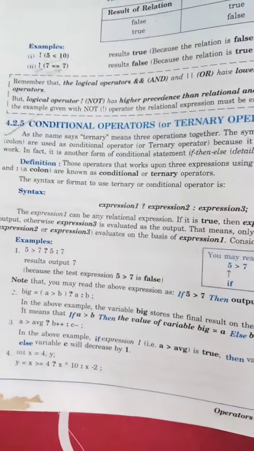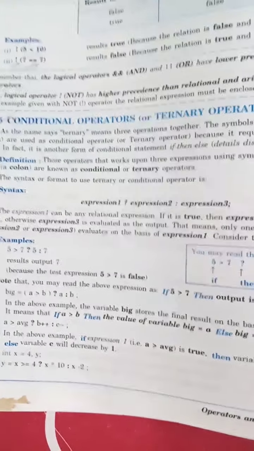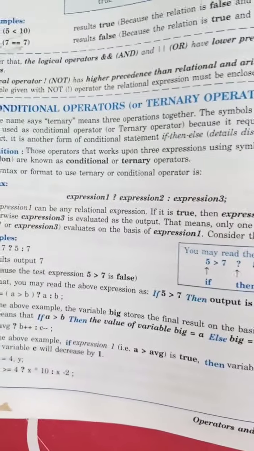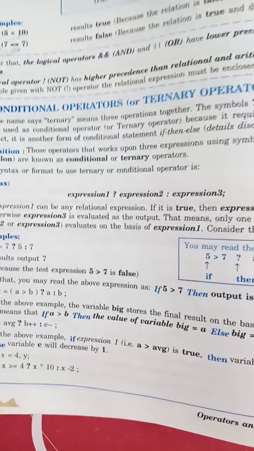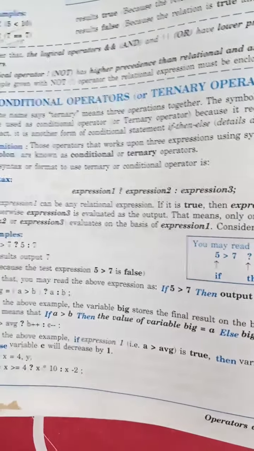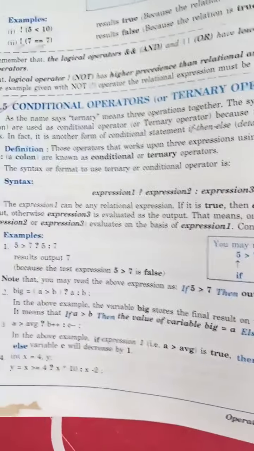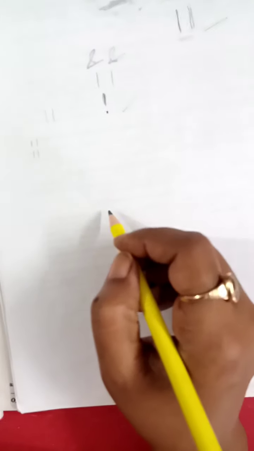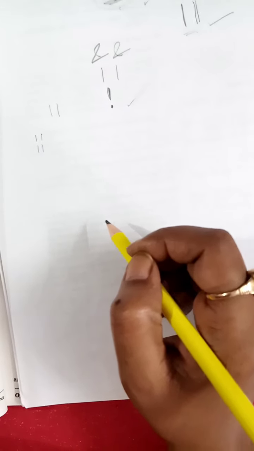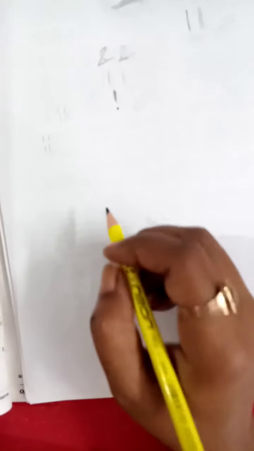Now come to the conditional operator or ternary operator. As I told you, a unary operator operates on a single operand, like unary minus and unary plus. Binary operators act upon two operands, and we have done many binary operators: arithmetic, relational, as well as logical and or.